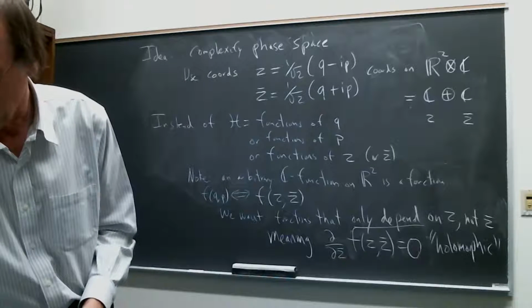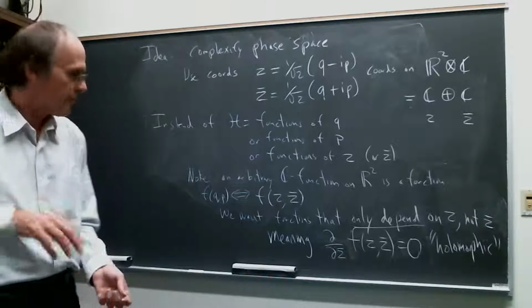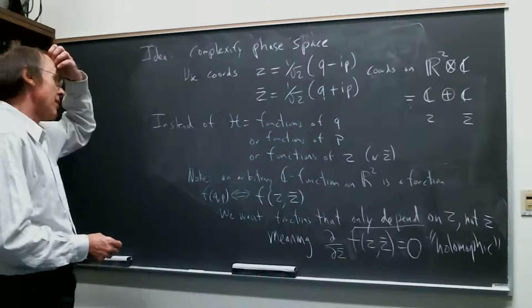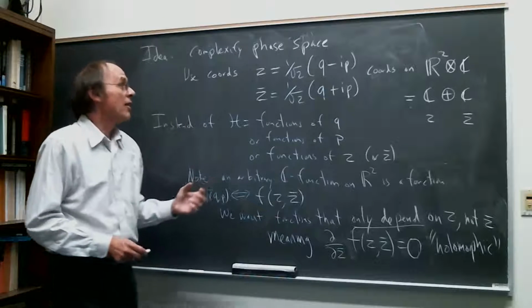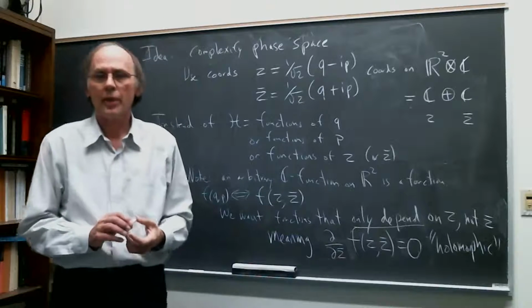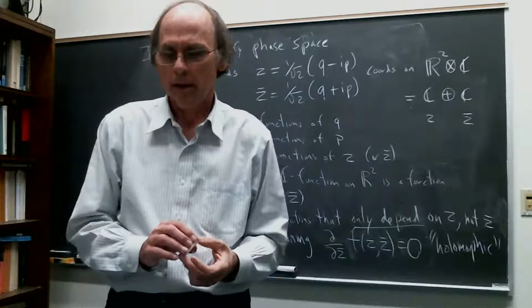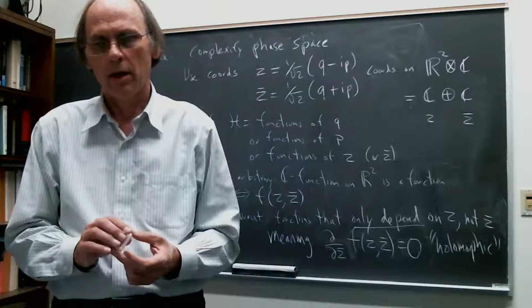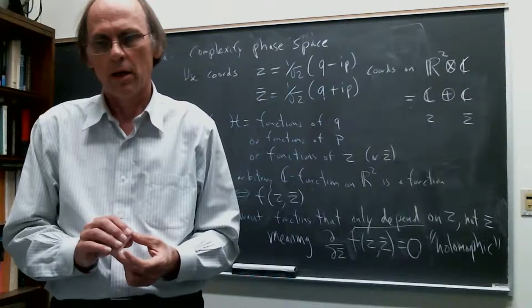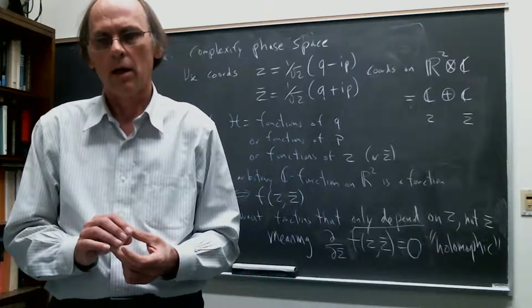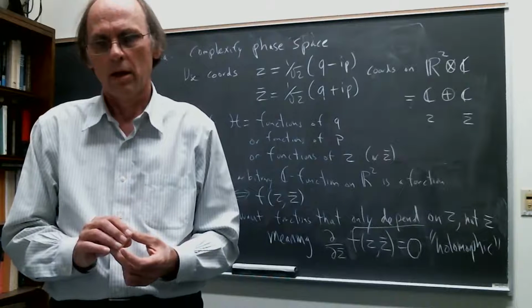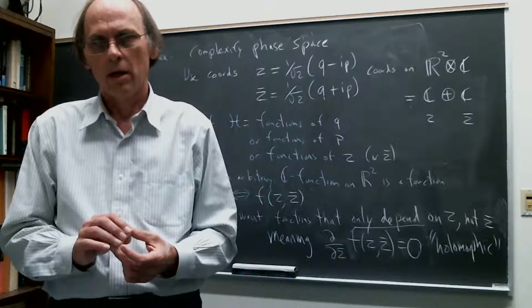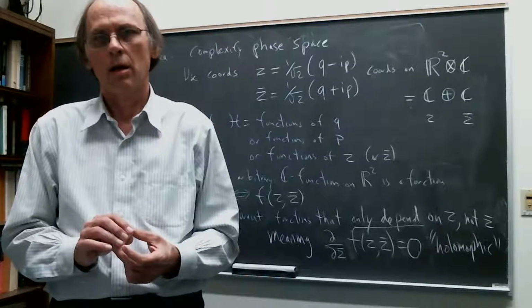Before I get back to that, let's go back, as a matter of philosophy. Is there a question? Yes. So does this mean that if we write every energy eigenfunction which only depends on Q in terms of Z and Z bar, then this function is holomorphic?